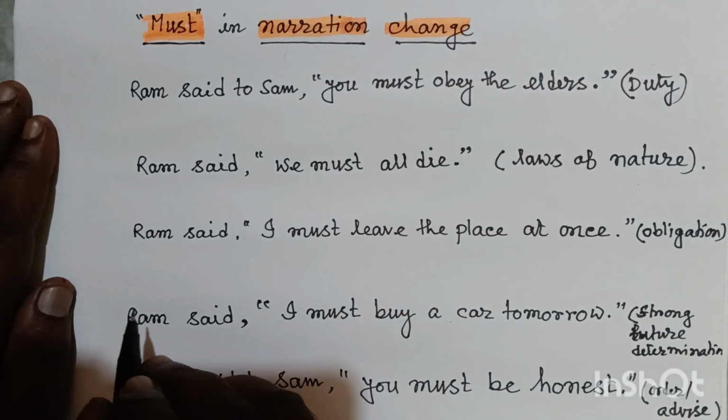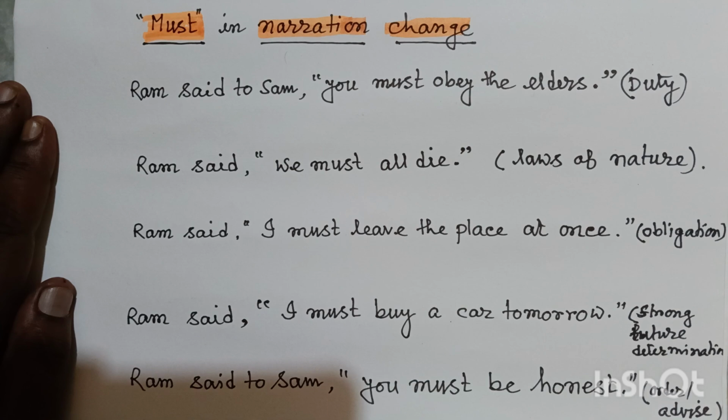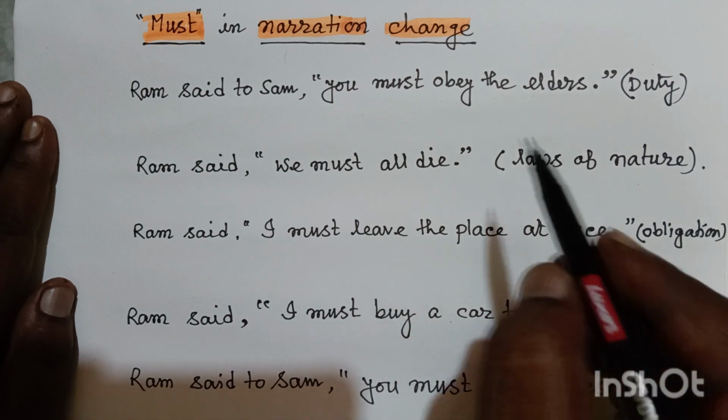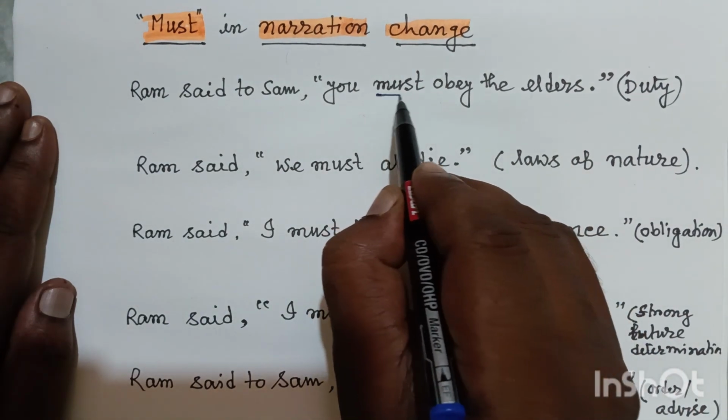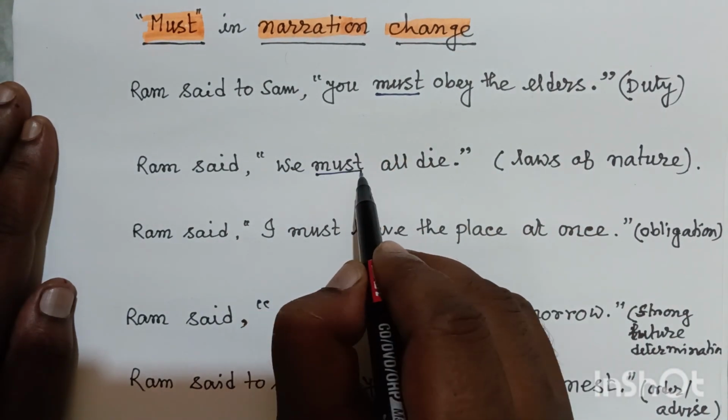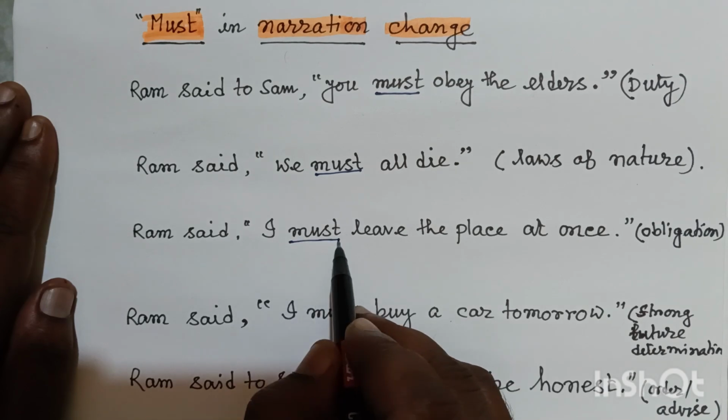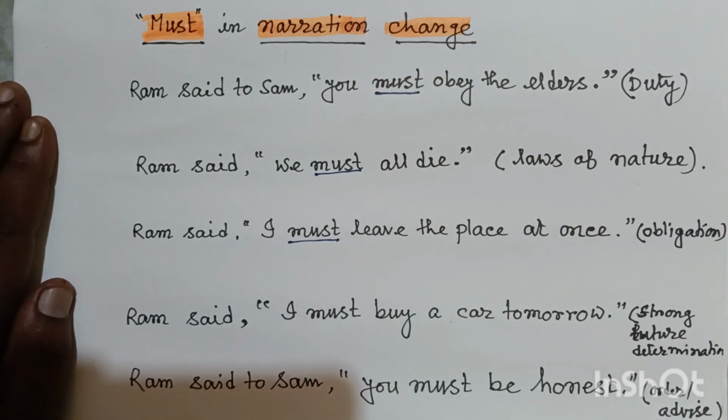Here you can see I have written some direct speech sentences, and we'll change them. In each and every sentence there is the particular modal must, and we will see how to change it in different expressions.